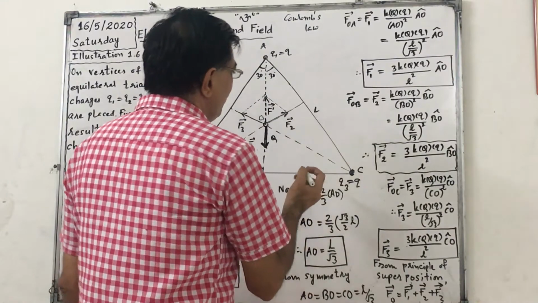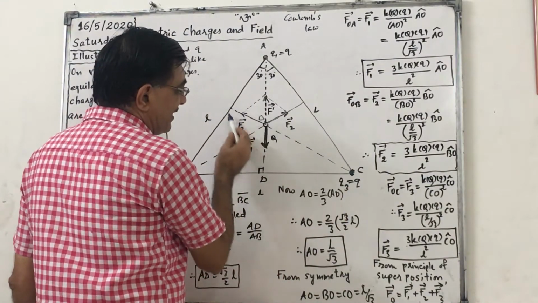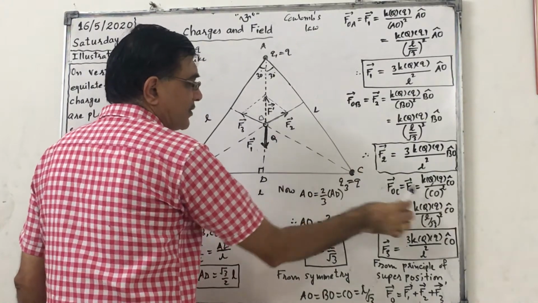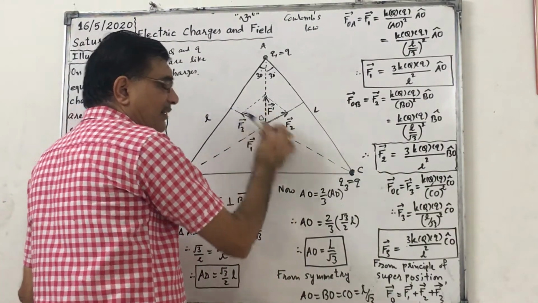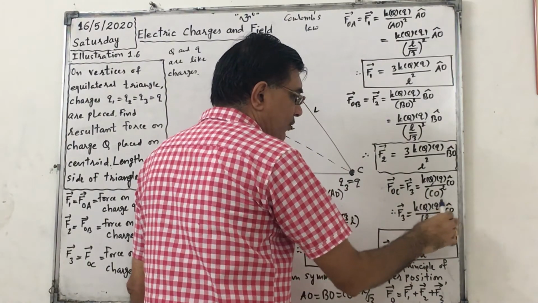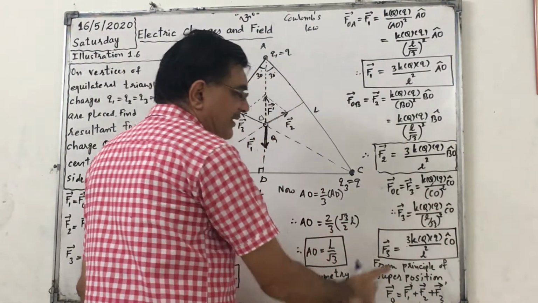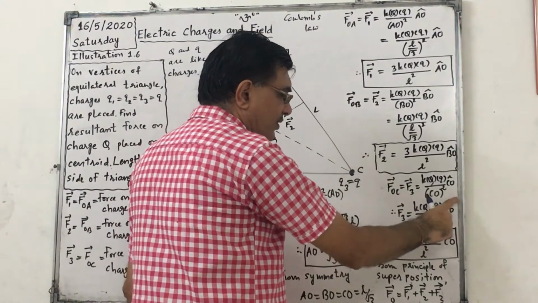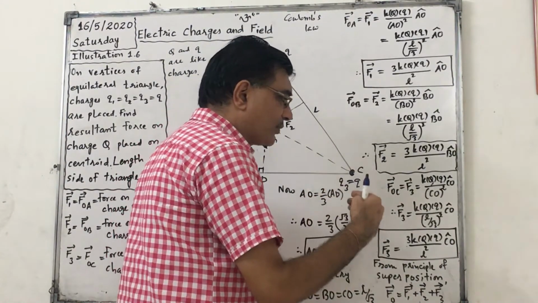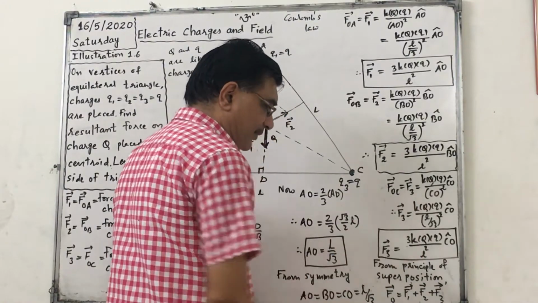Then the force offered by C on O, that is F3, is K capital Q small q upon CO square into the unit vector CO cap. Putting the values, CO is l by root 3 whole square, so 3 K capital Q small q upon l square into CO cap.